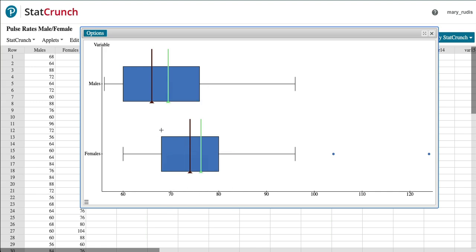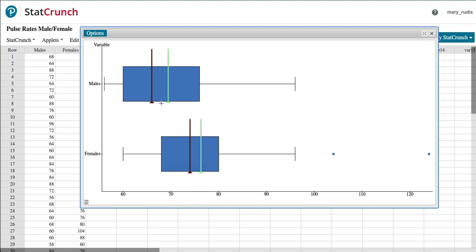We also seem to see that more than half of the male data is below a line if we were to draw a vertical line at the left edge of the box of the female data, which is at 68, because that's our Q1, our first quartile. So Q1 is at 68.